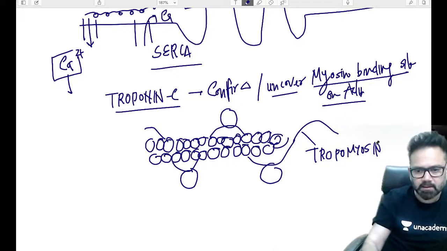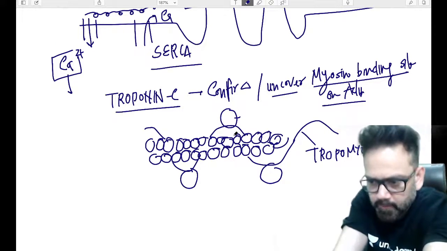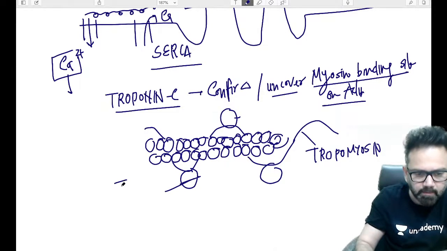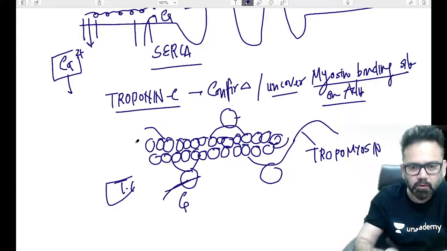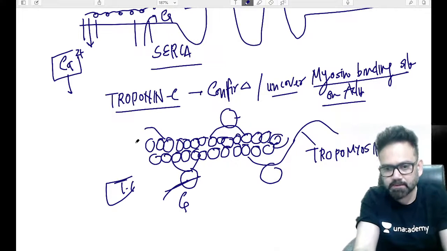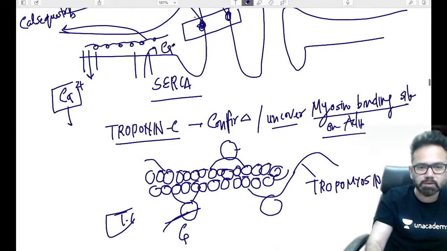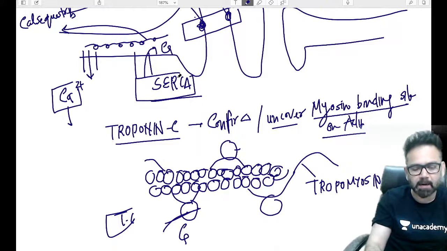This is called troponin C, and when calcium comes and binds, it will cause conformational changes and it will cause actin myosin binding. And when calcium goes back inside, it is by the sarcoplasmic pump.